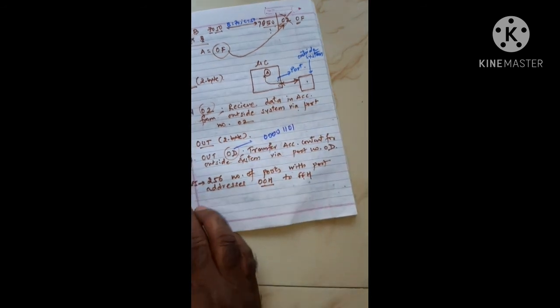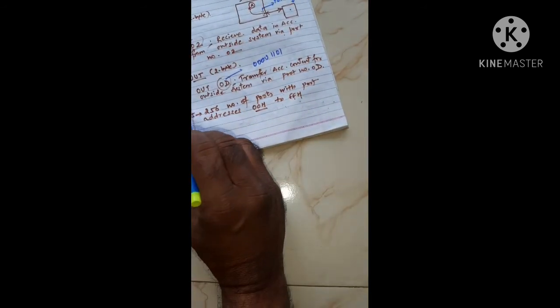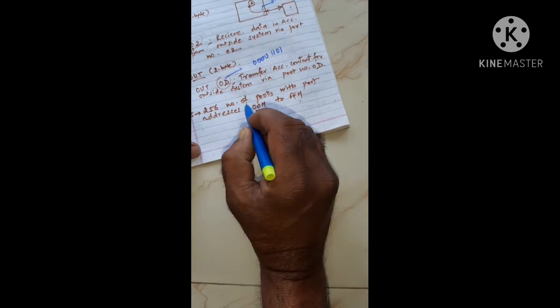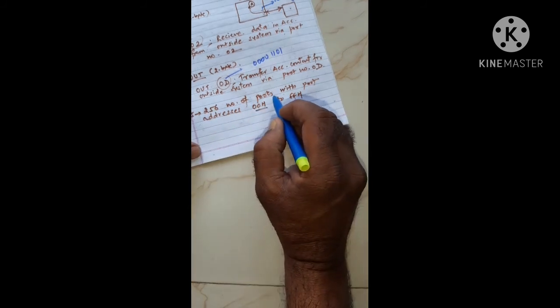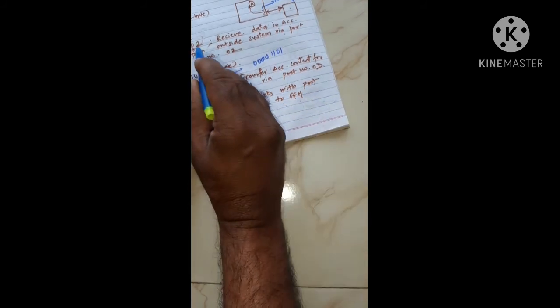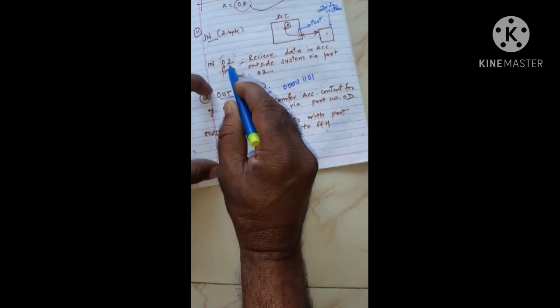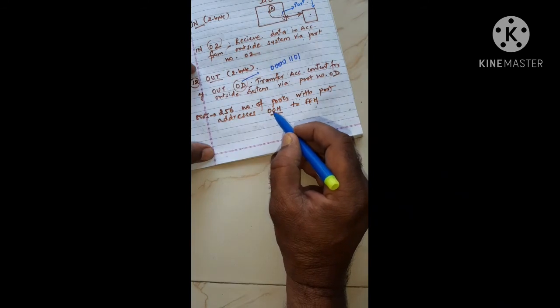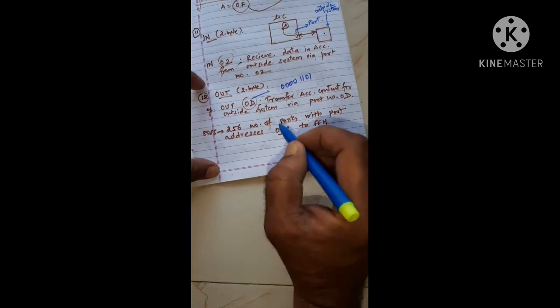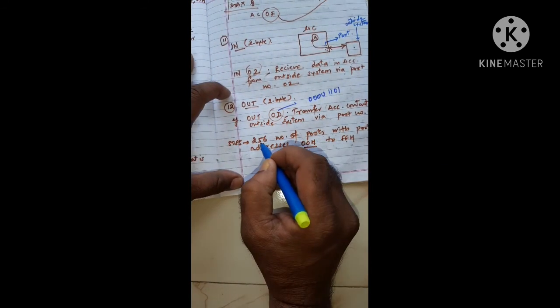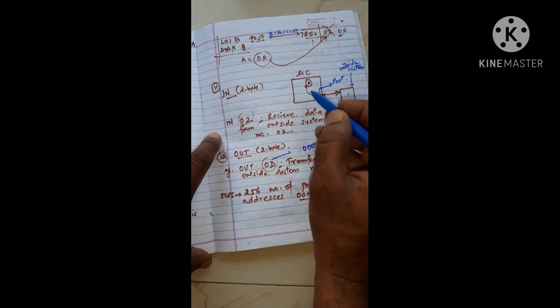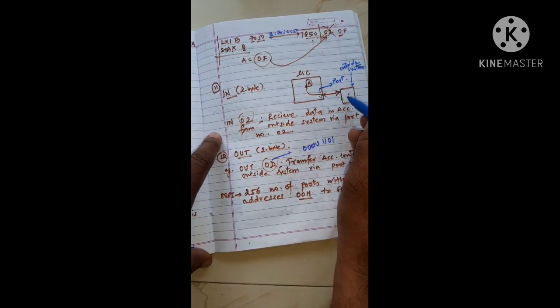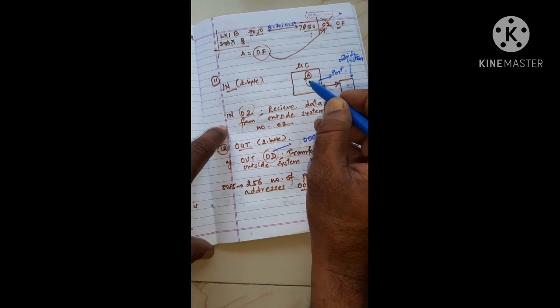The 8085 contains 256 ports with port addresses. 02 is the port address through which data can be taken in. The port addresses are 00 to FF. So from any one port of these 256, data can be taken in, from the outside system, only into the accumulator.